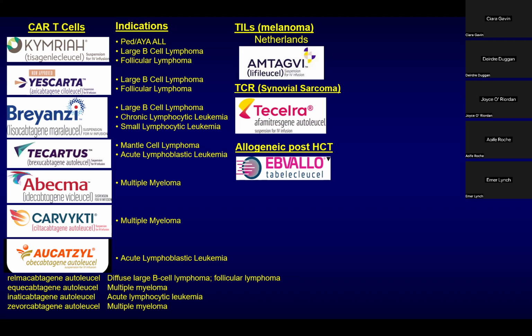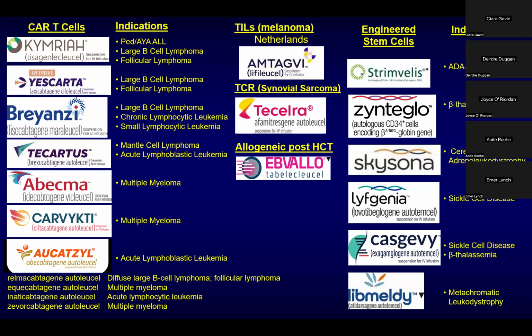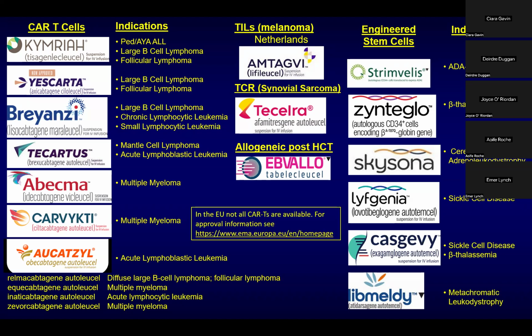We have a T-cell receptor product, an allogeneic T-cell product. We have 4 products approved in China. We also have gene-modified stem cell products approved for rare diseases and for sickle cell and thalassemia. So this is really a burgeoning of this era of synthetic biology.